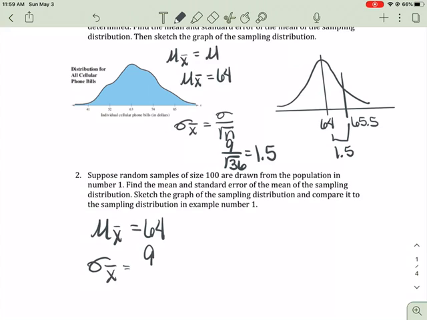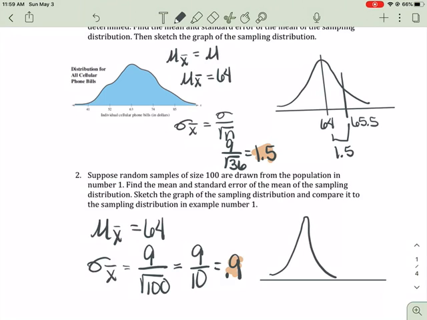But our standard deviation is now going to be 9 divided by the square root of 100, okay, which is 9 over 10, or 0.9. Notice the difference. Here, our standard deviation is 1.5. Here, our standard deviation is 9. So when I sketch our sampling distribution now, it is much thinner.